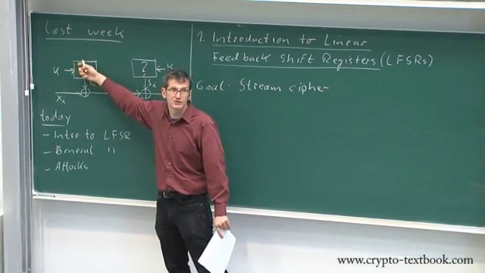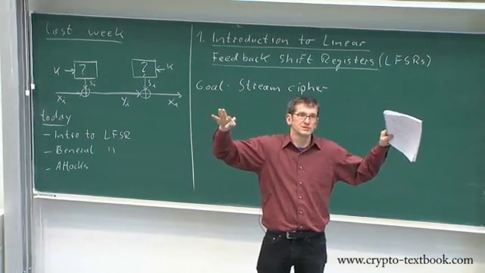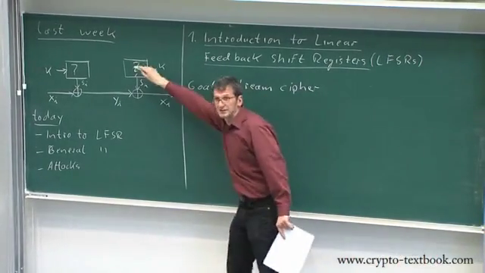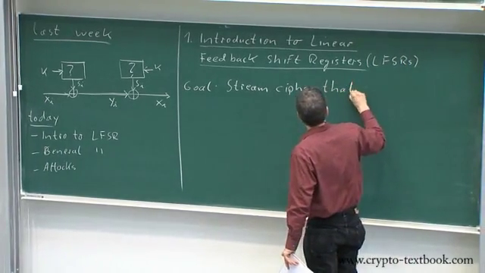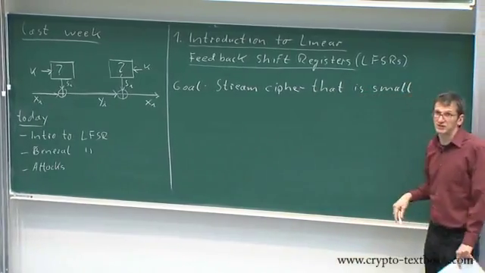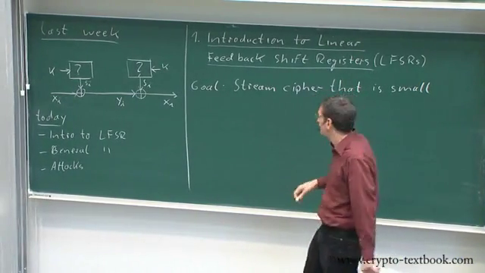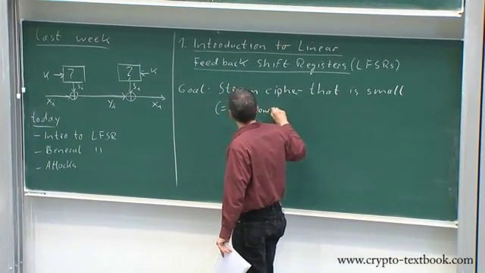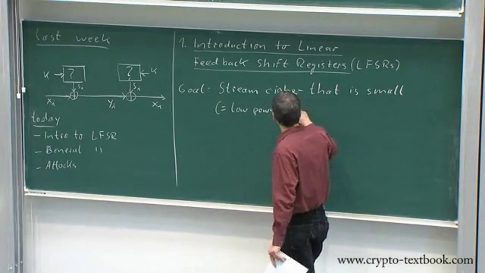We want to have a construction for this, something that goes in here instead of the question mark, a stream cipher that is small. And when we talk about small, historically what people mainly meant when they said they want a small cipher is low power in hardware.